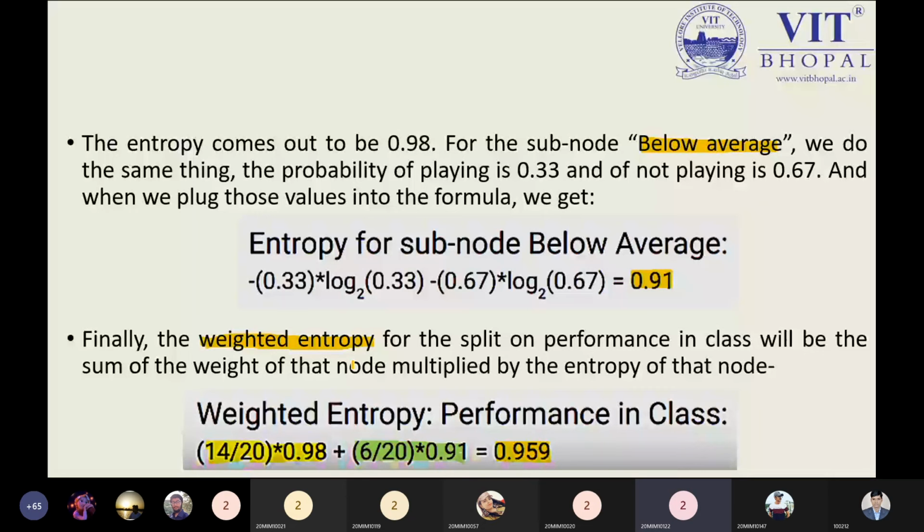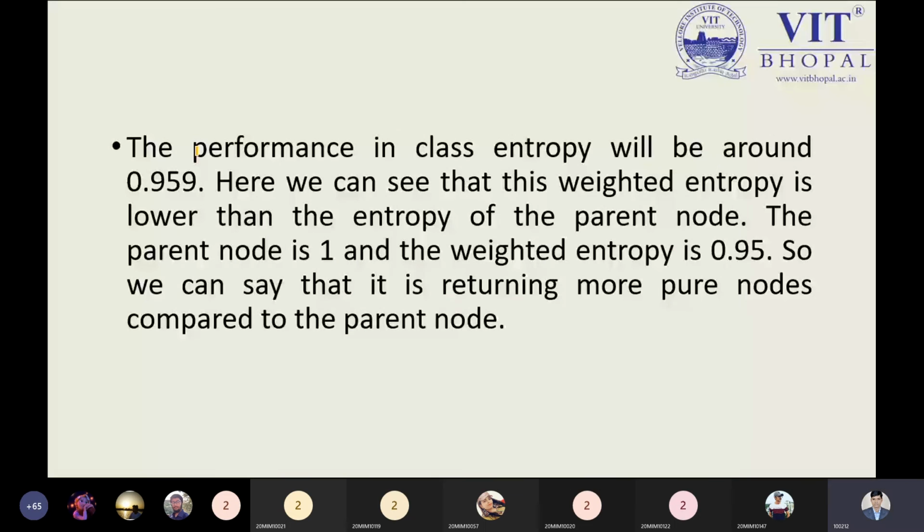Yes, it's very simple. It's a very simple mathematical formula we are putting in. So after calculating the weighted entropy, the entropy for performance in the class is around 0.59. This is the entropy we have calculated for the performance in the class split. Here we can see that the weighted entropy is lower than the entropy of the parent.